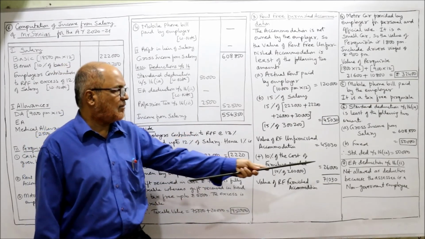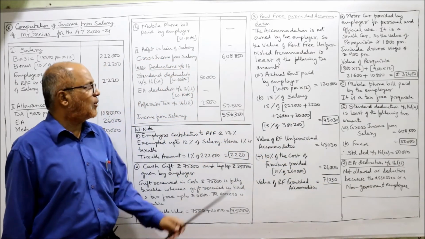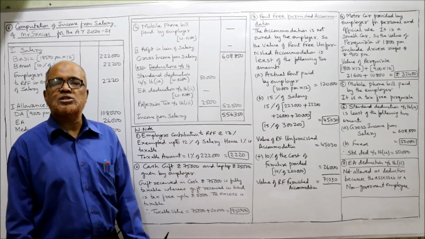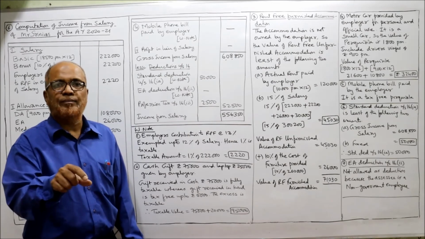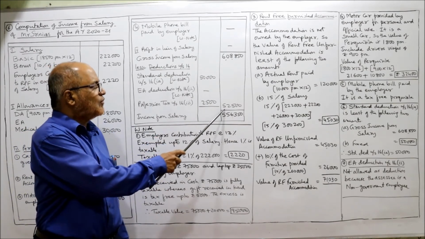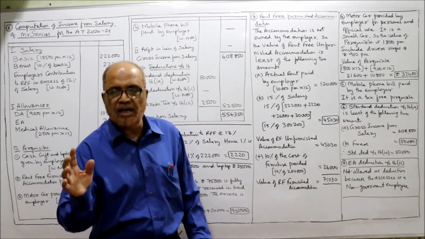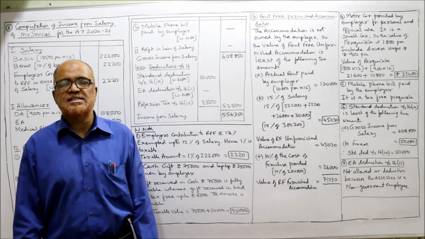So put a dash. Here I have written EA deduction not allowed because the assessee is a non-government employee. Last one, profession tax paid by the employee. Given in the problem, 2,500. So take the total 52,500, deduct: 5,56,350. This is the income from salary.